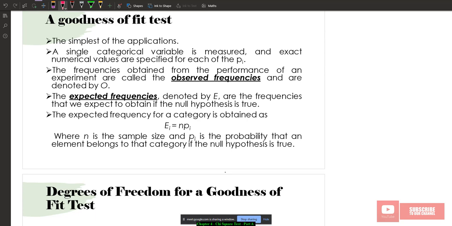This is the simplest application. A single categorical variable is measured, and exact numerical values are specified for each probability. The probability can be measured by the observed frequency; remember the basic theory of probability. The frequency obtained from the performance of an experiment is called the observed frequency.